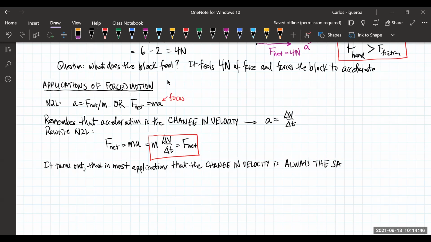And what I mean by that is that when I look at an object, its change in velocity for various situations will be a constant. So the change in velocity will be a constant. And I will show you multiple situations like this. So it's always a constant.